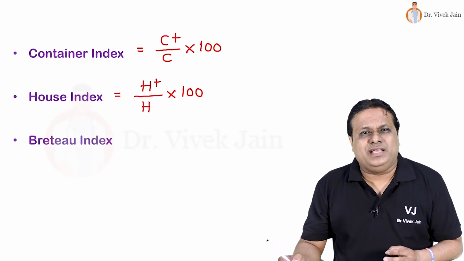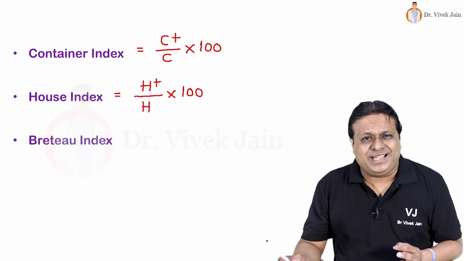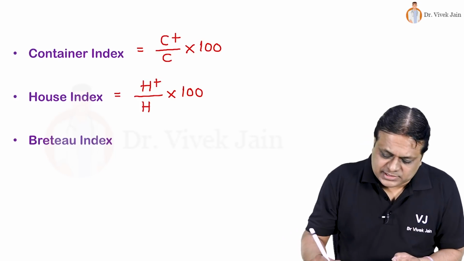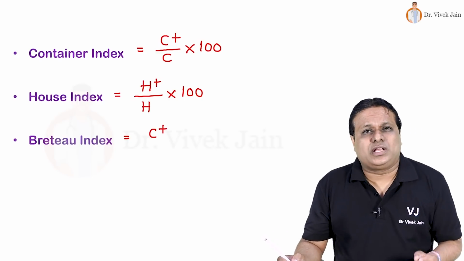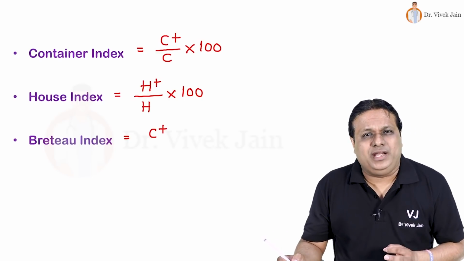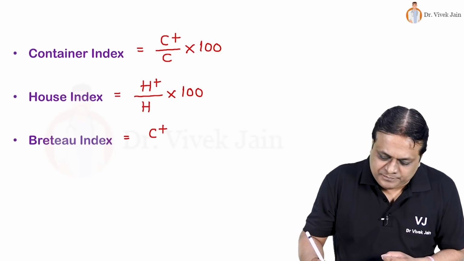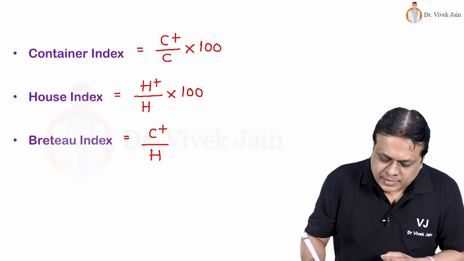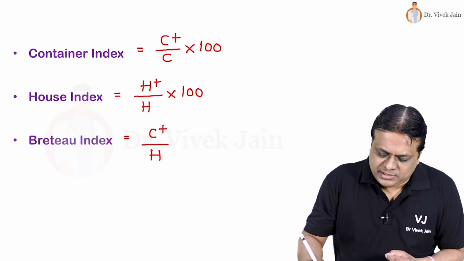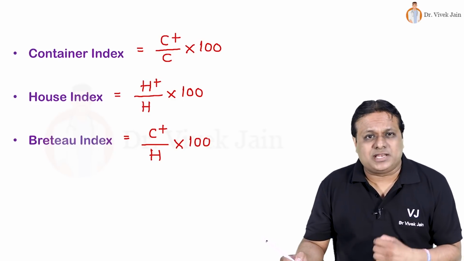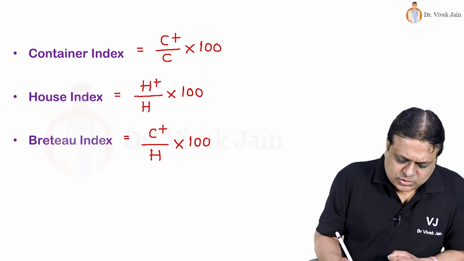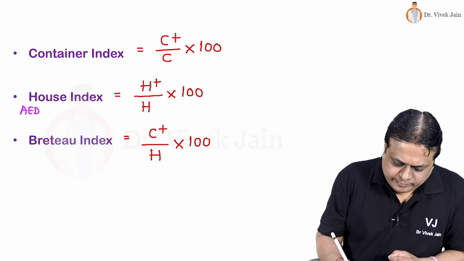And when we combine these two, from these two we can derive Breteau index, which is given by the formula C plus, total containers showing the breeding of Aedes aegypti larvae, divided by total houses surveyed, multiplier is 100.